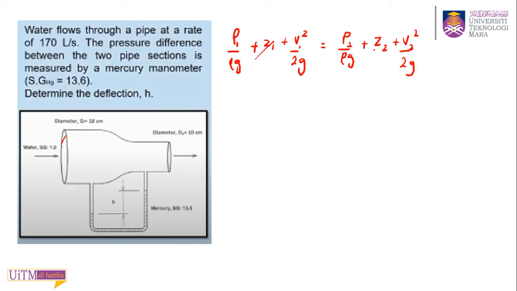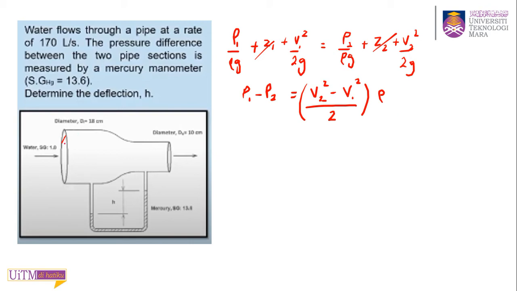So you can cancel out this, and we want to arrange the equation in terms of P1 minus P2, and this is V2 squared minus V1 squared over 2, times rho. Okay, so we bring the rho G to the other side and we cancel out the G. Okay, so this is your equation.